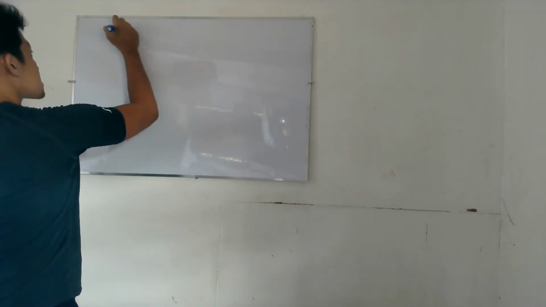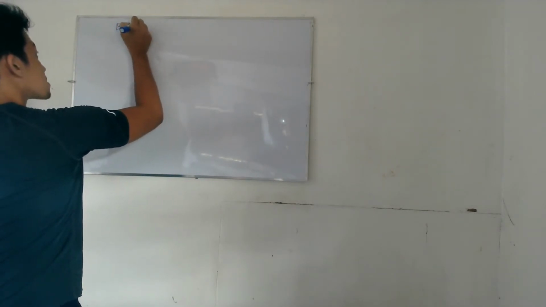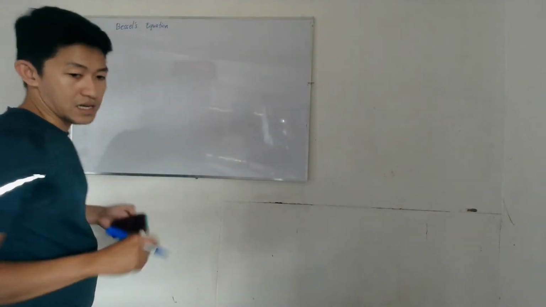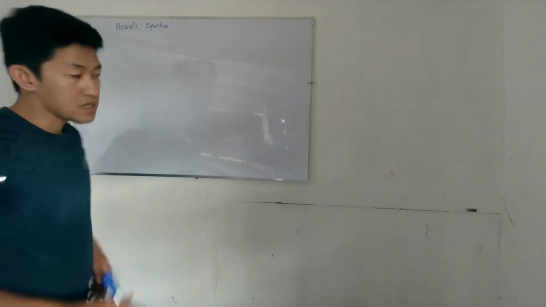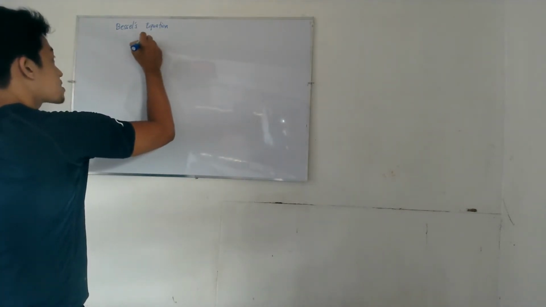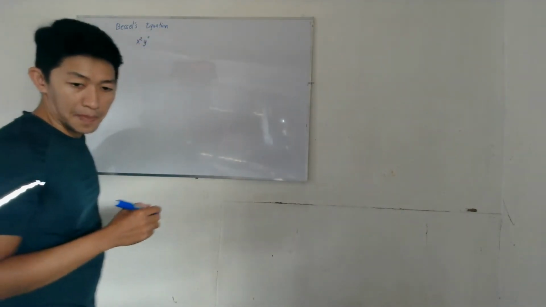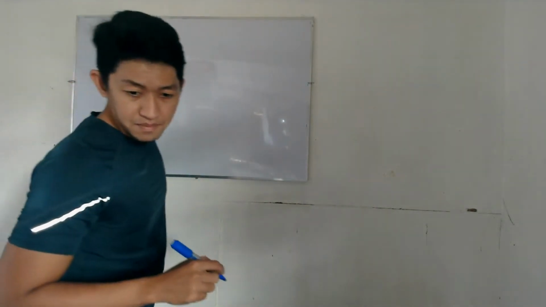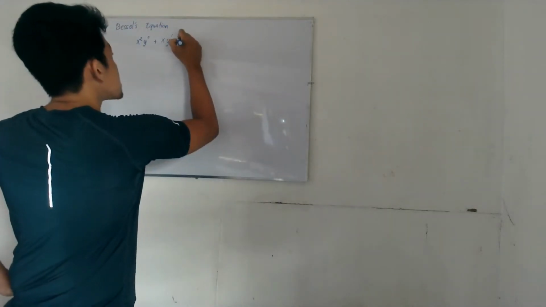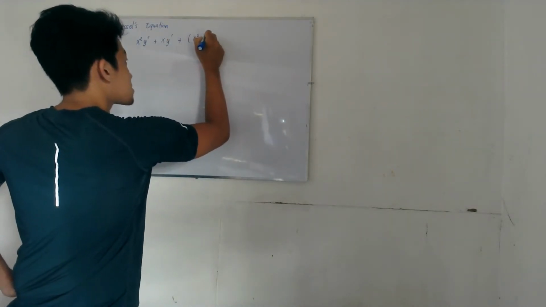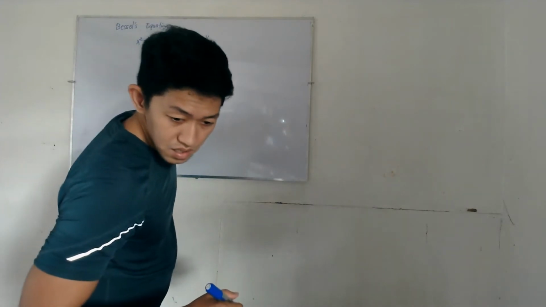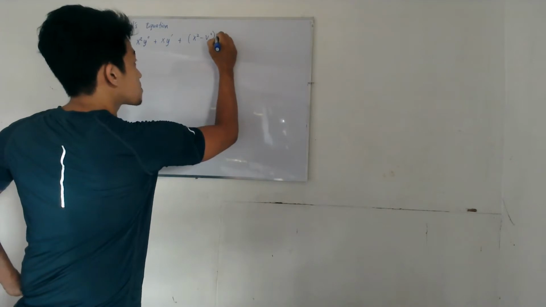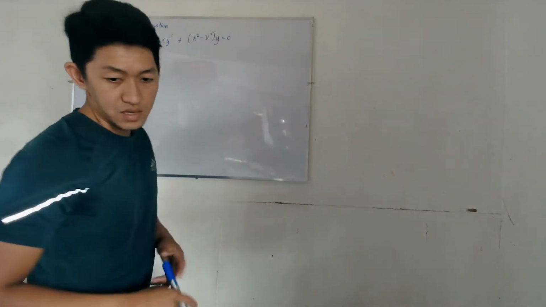Bessel's equation. The Bessel equation is of the form x squared y double prime plus x y prime plus (x squared minus nu squared) y is equal to 0.